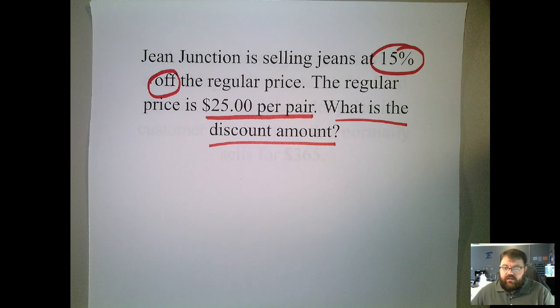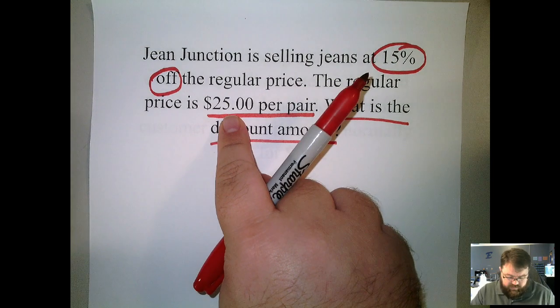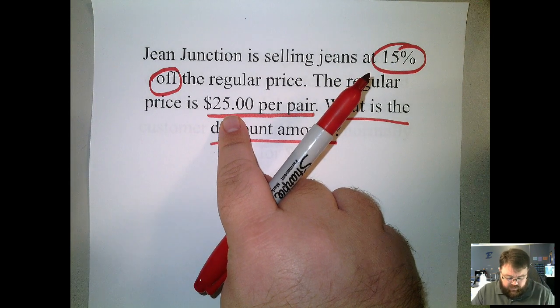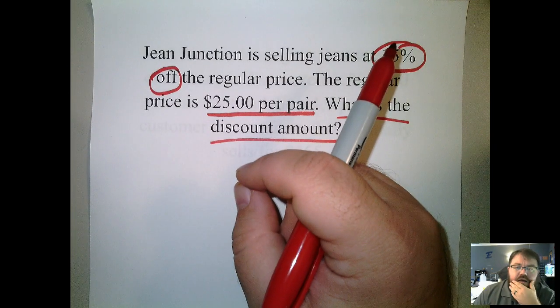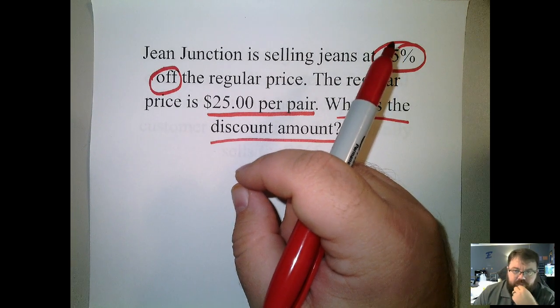The easiest way is for us to look at this and think, well, if it's 15% off, right, what percent of it am I actually going to be paying? And what we can do is think, well, if it's 100% of the price and it's 15% off, then you're actually only going to be paying 85% of the price.